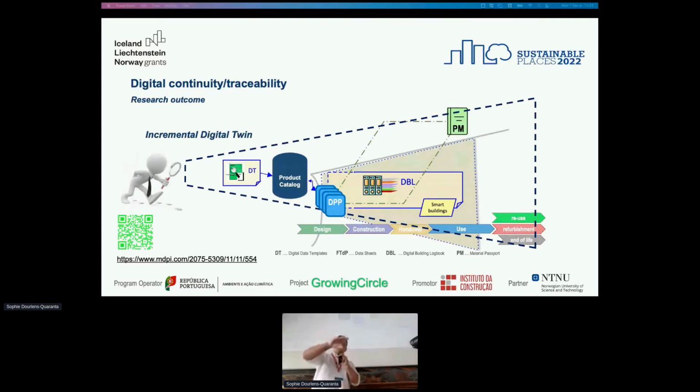So with the data templates, you could set up a product catalog with digital product passports that would then feed or become part of the digital building logbook that would enable digital twins at building level. So we also worked and got to this vision of an incremental digital twin that is built based on these concepts and on this data.